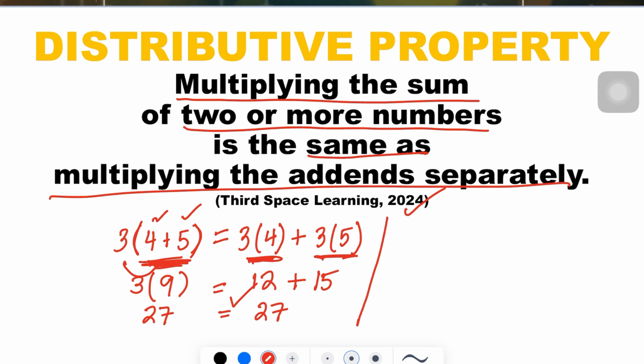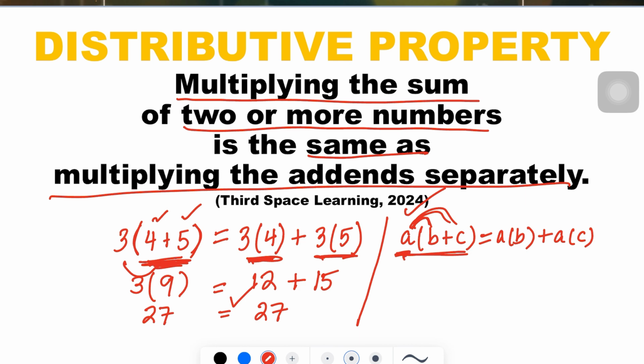In algebra, let's use variables or letters. Let's say A times (B plus C). The distributive property in algebra says A times the quantity of B plus C equals A times B plus A times C. This is the act of distributing your multiplier.